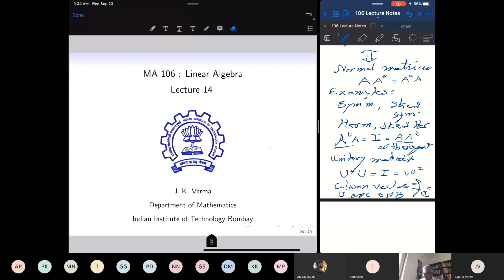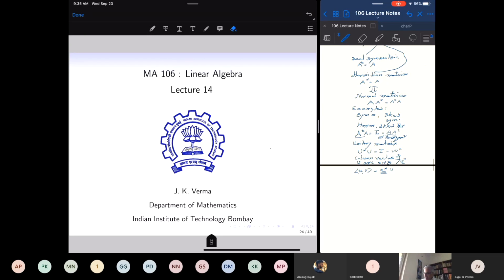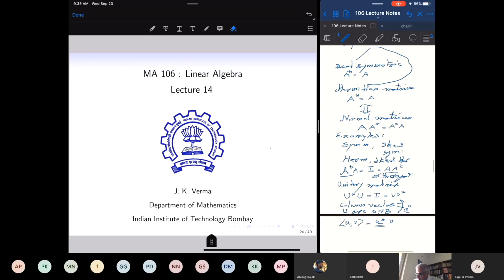And in Cn, remember the inner product: suppose I have two column vectors U and V in Cn, then their inner product is defined to be U star V. So U star is the complex conjugate transpose of the column vector U. So this is a row vector. Take the column vector U, take its transpose, that is a row vector, and then take the conjugate of every entry; that is this row vector U star.